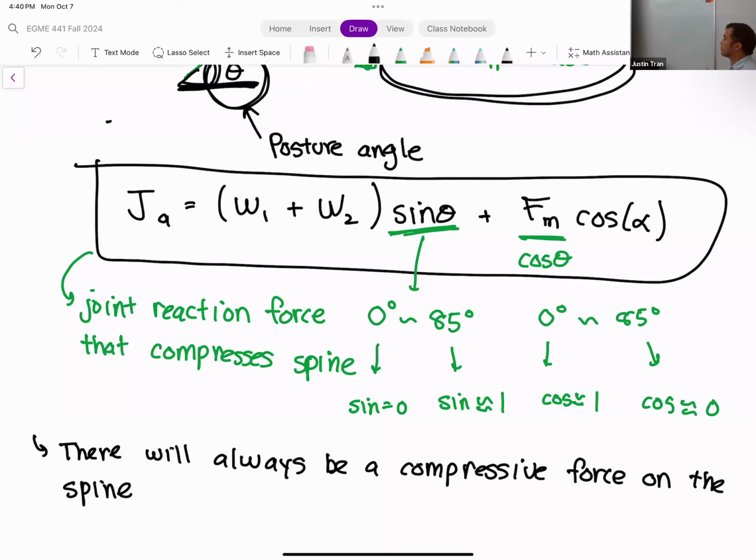Now, whether that force comes from the actual gravity forces of your body weight, or from counteracting the muscle force, that depends on the posture.